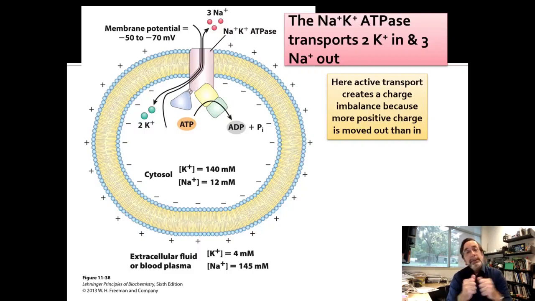That means it's not just opening a door and passively letting things run down the gradient, passively letting things run to where the negative delta G is going to be. What you have is it's putting in ATP. ATP is giving it the negative delta G that it needs, and then it's doing a reaction that actually has positive delta G by itself.